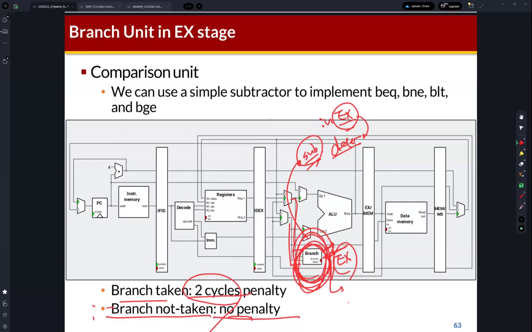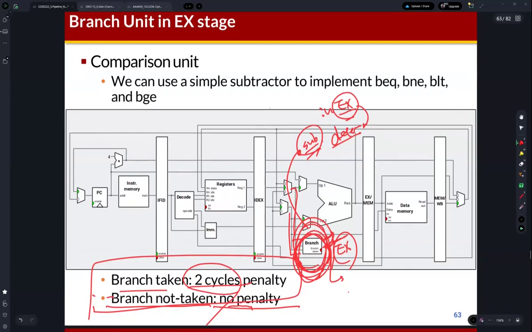And then these are the penalties. If the branch is taken, then 2 cycles are wasted, and if the branch is not taken, then no penalty. We don't need to cancel the instructions in the ID or instruction fetch stage if the branch is not taken, right? So we can just add the comparison unit in the EX stage.